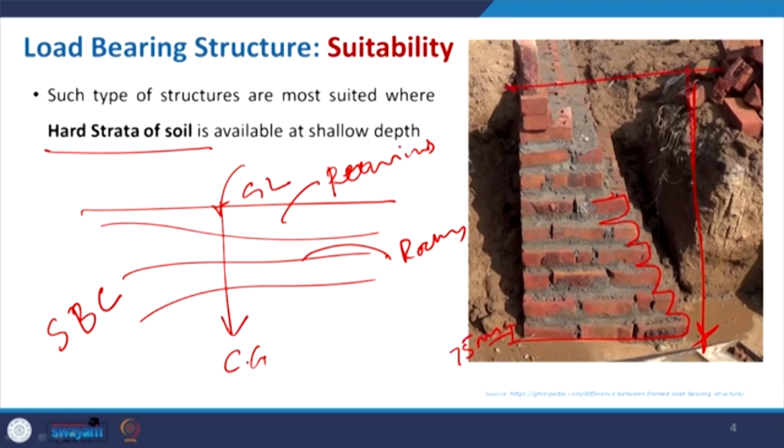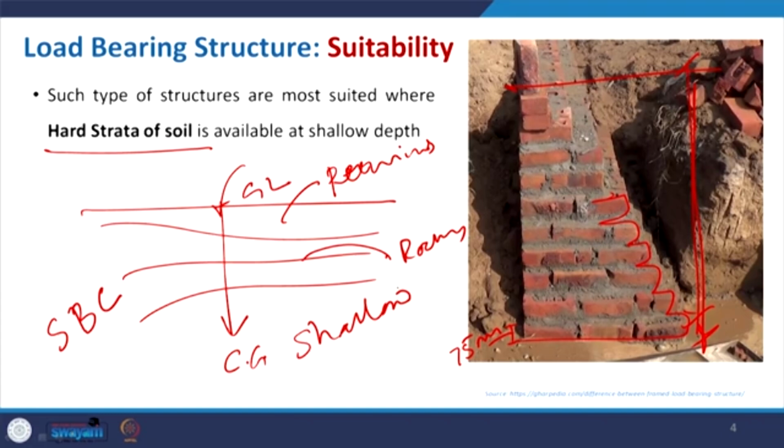So, you can virtually assess the depth of the foundation. It is basically not having that much depth, so this type of small depth foundation is also referred to as shallow foundation.